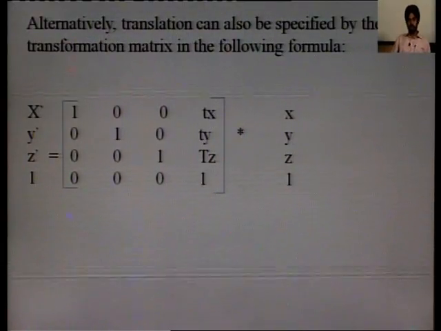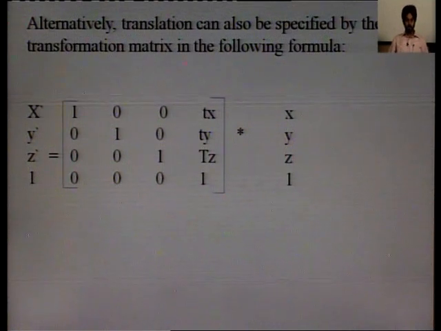Alternatively, translation can also be specified by a transformation matrix in the following formula.